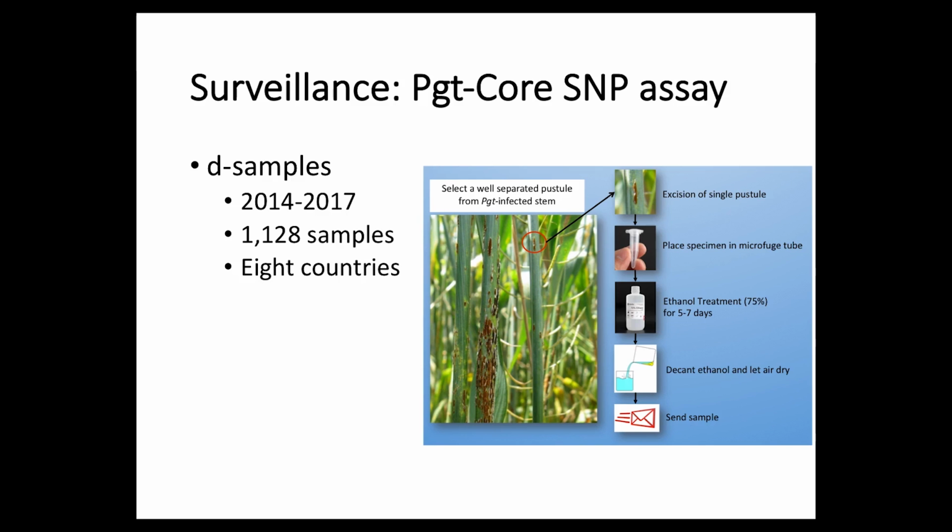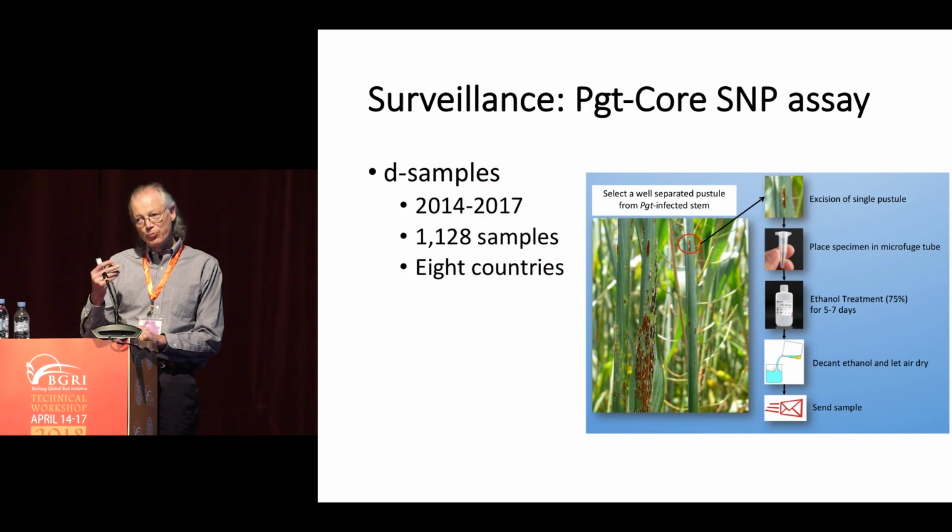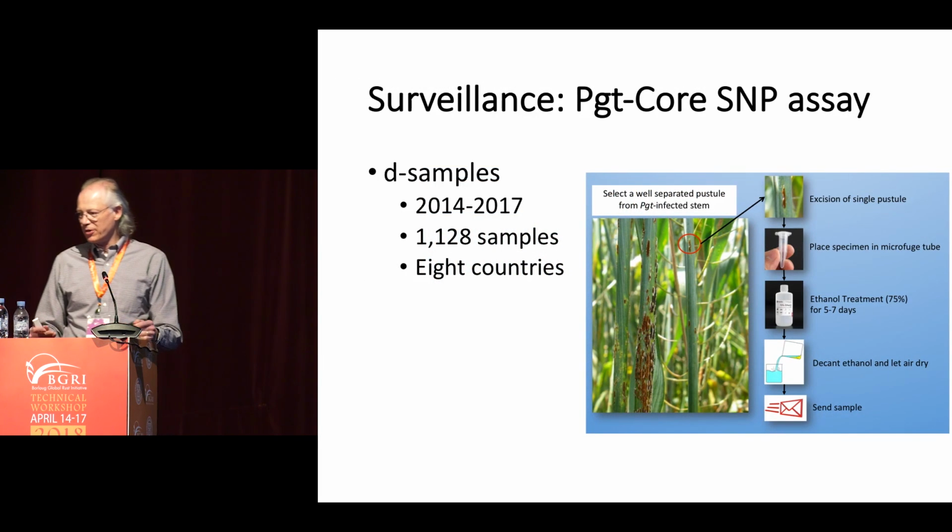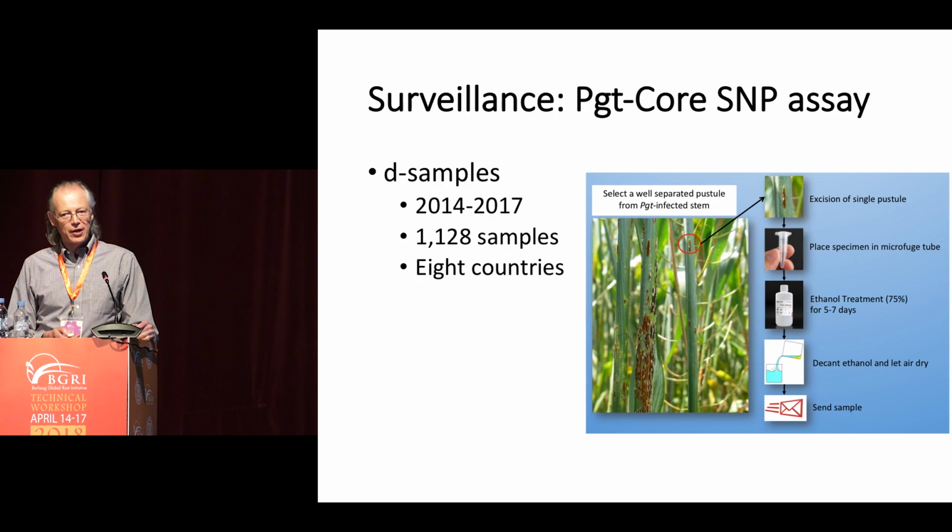The advantage is that you don't have to worry about moving live cultures. The disadvantage is you don't have live cultures, okay? But it allows a program to go in more depth and cover more area in terms of samples than if you were just looking at live samples.